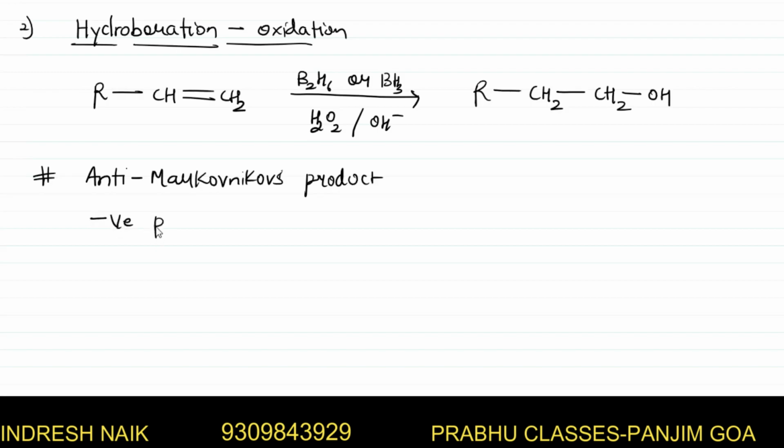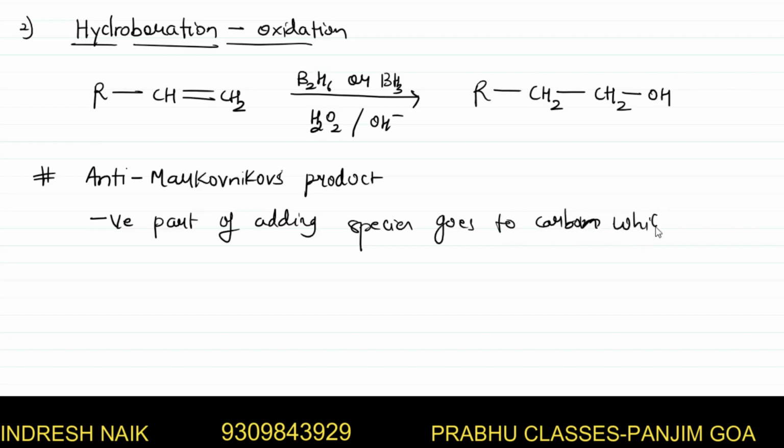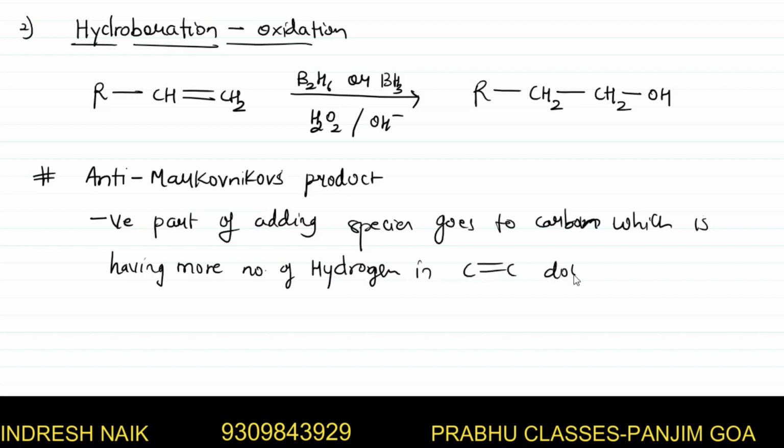The negative part of the adding species goes to the carbon which has more number of hydrogens in the carbon-carbon double bond, right?